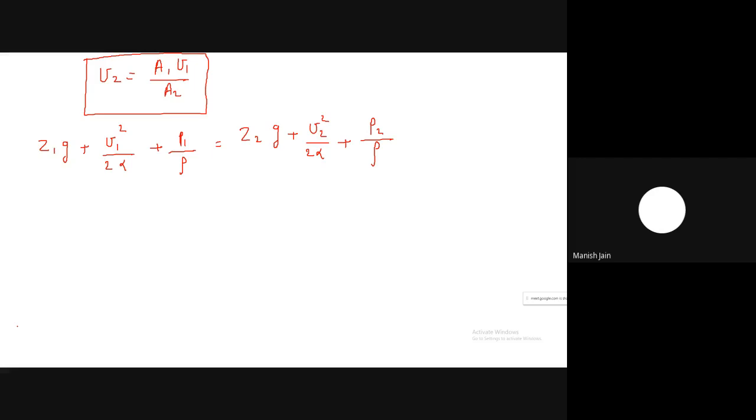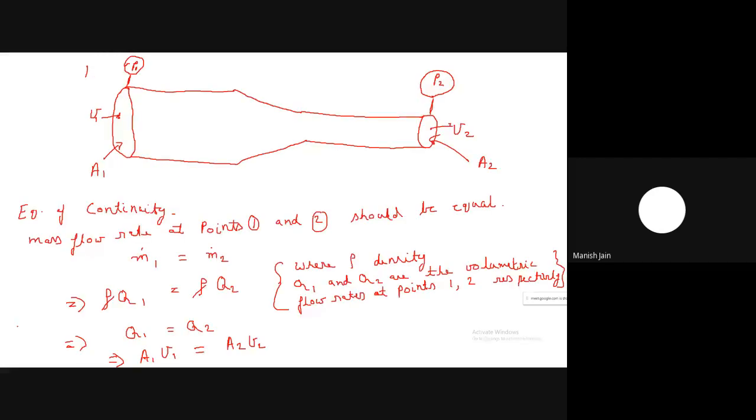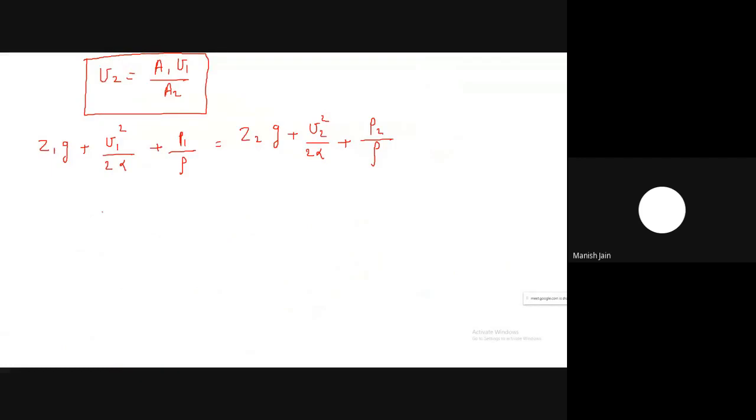Now this tube is a horizontal tube. So Z1 equal to Z2, and these two terms will cancel out. Also, you can assume turbulent flow, because these equations are generally used for turbulent flow only.